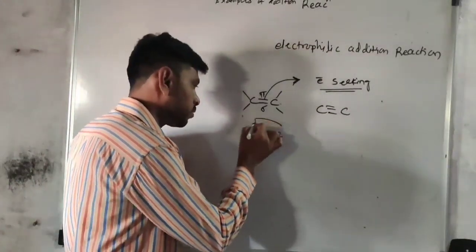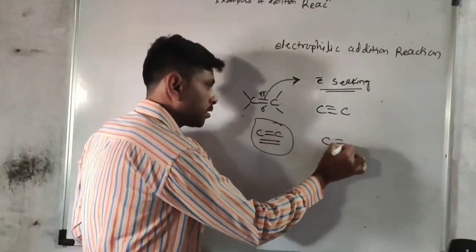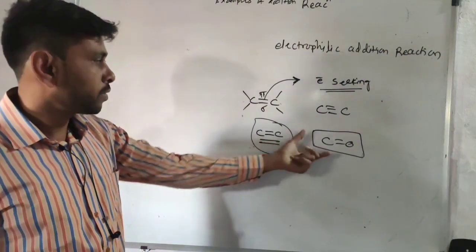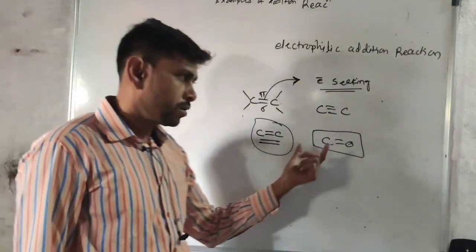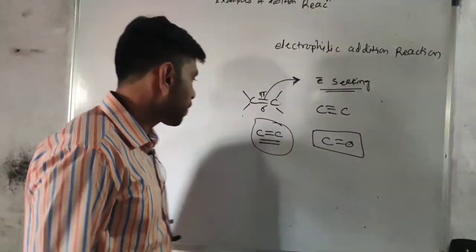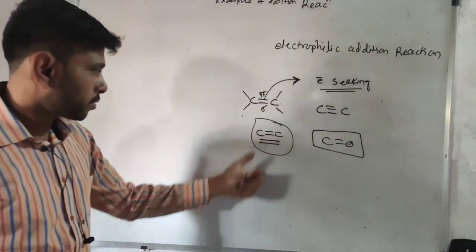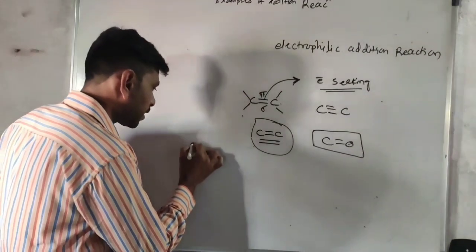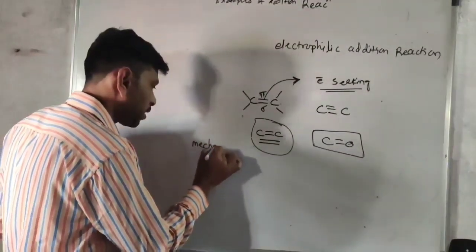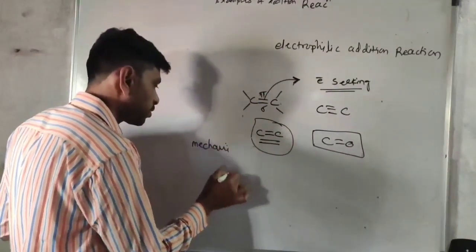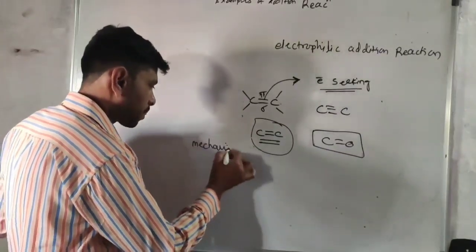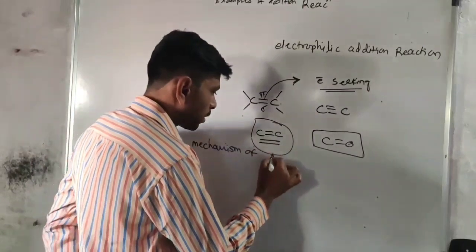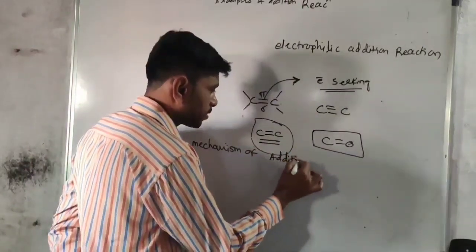First, we consider only the carbon-carbon double bond. Then we go for the carbon-oxygen double bond, the other type of addition reaction. Now, in the carbon-carbon double bond, we have to see the first mechanism, how it happens. We saw some examples, but we have to see here the mechanism of addition reaction.